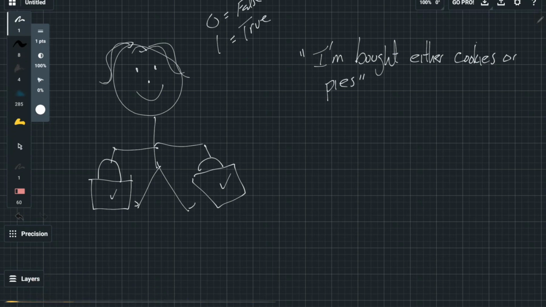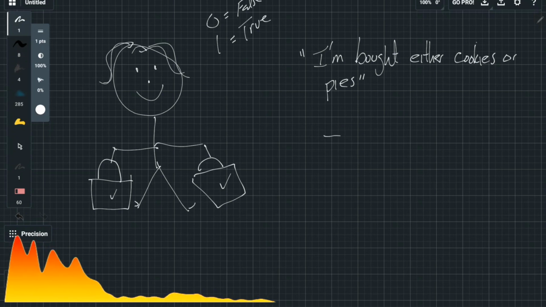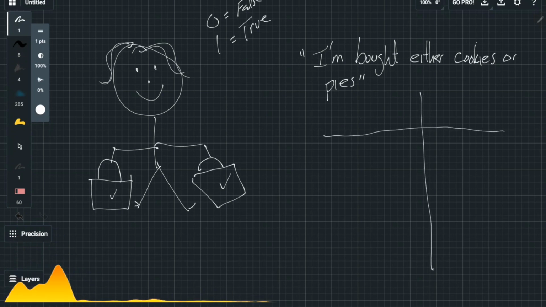Okay. Again, what are we trying to evaluate? Is the statement true or false? Well, we have to go look in the bags here at some point to figure it out. So our output, again, is the statement itself. That's what we're trying to evaluate, is this thing up here.